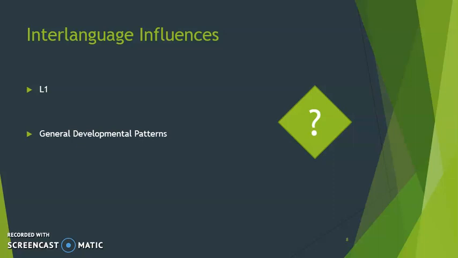Maybe, then it could be an L1 influence. But even if that's the case, we want to also compare L1 development, say, of English with L2 development of English. So if it is the L1 influence, we wouldn't expect it to be also in the L1 development of monolingual learners.